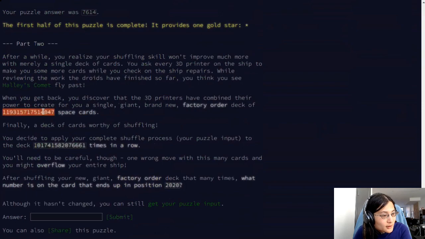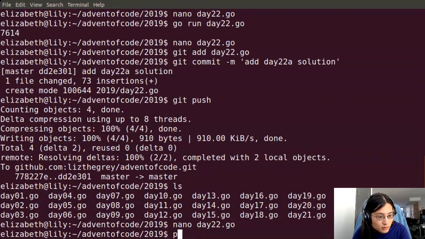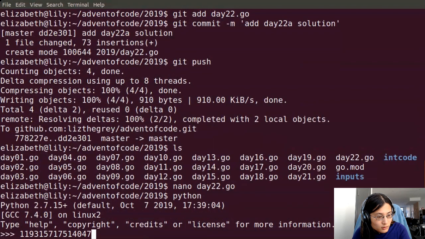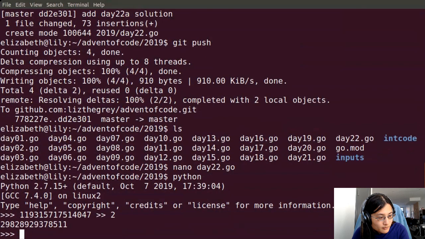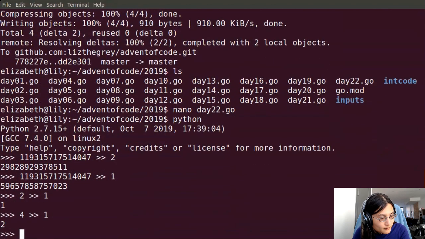How many cards is this, out of curiosity? Does this fit in a 64-bit number? Let's see. How can I check this? Okay, so let me just check this. Yep. Okay.